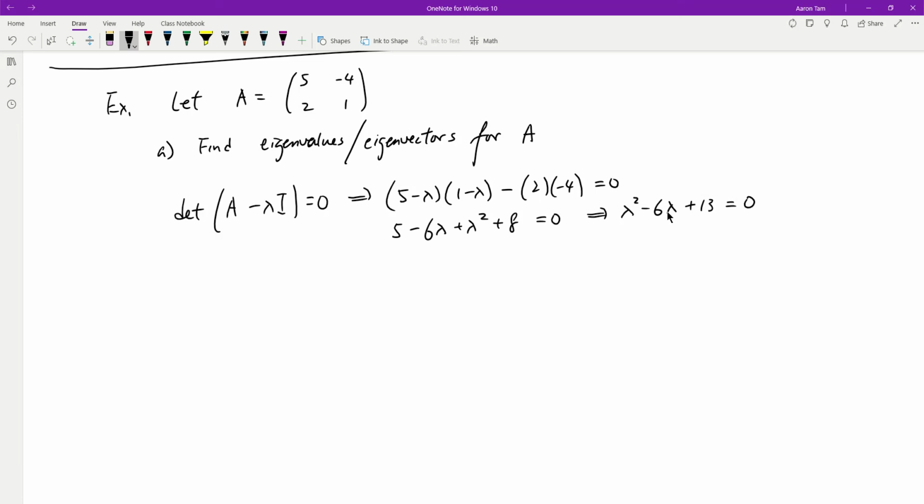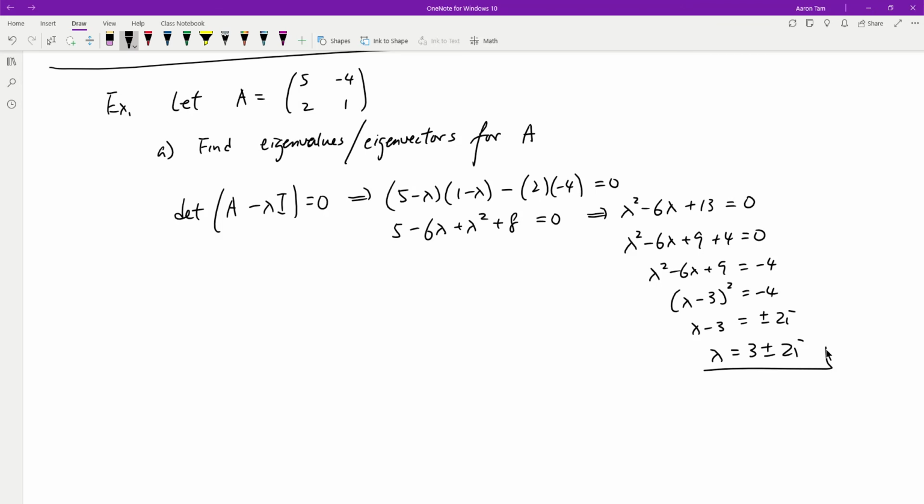You can definitely use the quadratic formula to find the solution, but I opt for completing the square, which in this case is pretty easy to do.